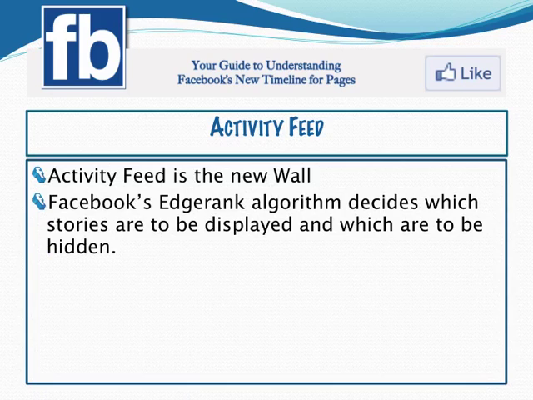Facebook has this algorithm called EdgeRank. And this EdgeRank algorithm decides which stories are to be displayed and which are to be hidden. So the most engaging content, Facebook determines that these are the things that need to be on your activity feed. As content becomes more engaging, it'll show up and be more visibly available on your activity feed.